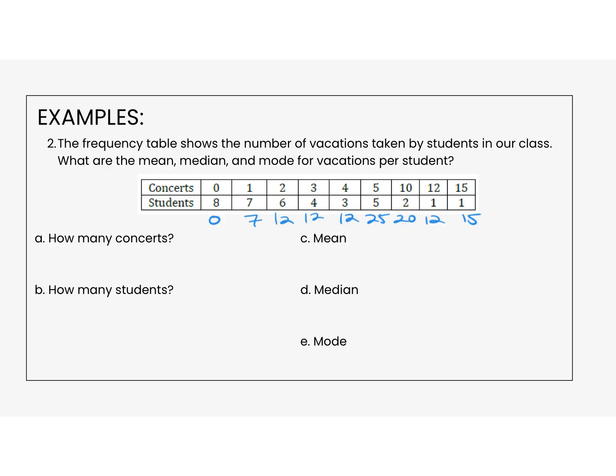If I add all those up, I get 115. To figure out how many students there are, I add just the bottom row of students, and that should give me 37. So if I want to find the mean or the average, I take the 115 total concerts divided by the 37 students, and my mean is 3.1.